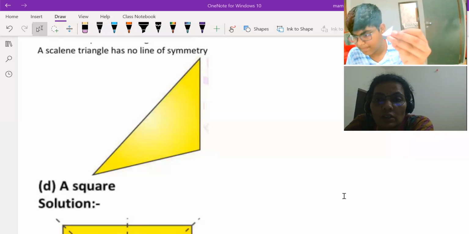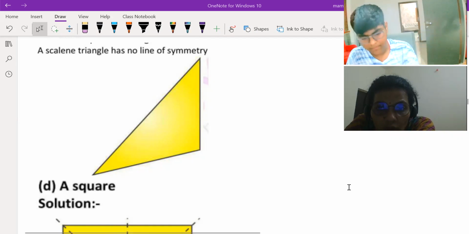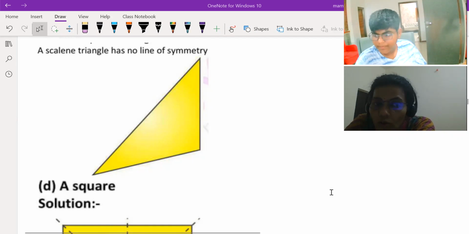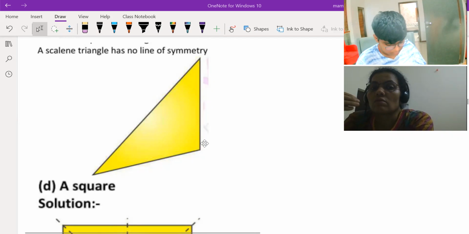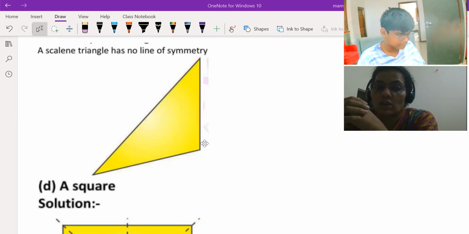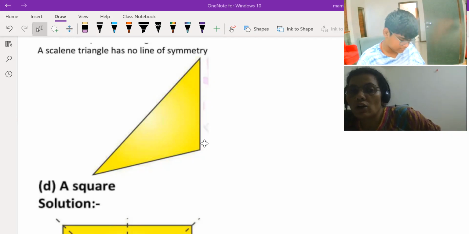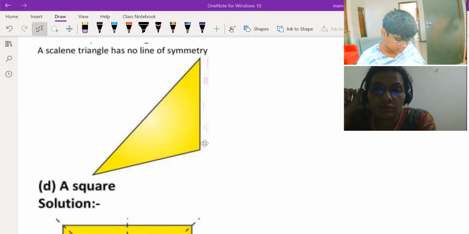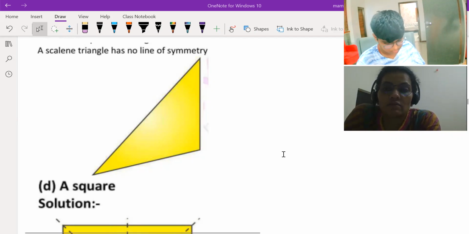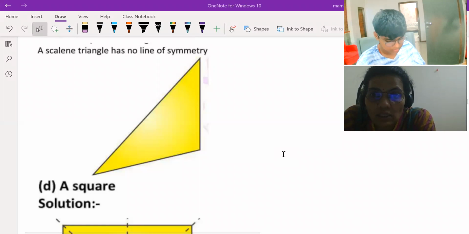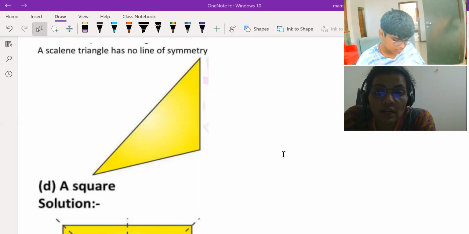Yes, ma'am. So did you get the exact two halves? No, no. It means you have not made the correct triangle. A scalene triangle cannot be folded. If you fold it, you will not get the exact two halves. So try to make it again. Maybe you have drawn the isosceles triangle.